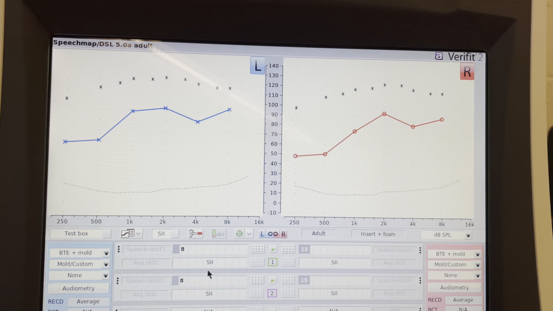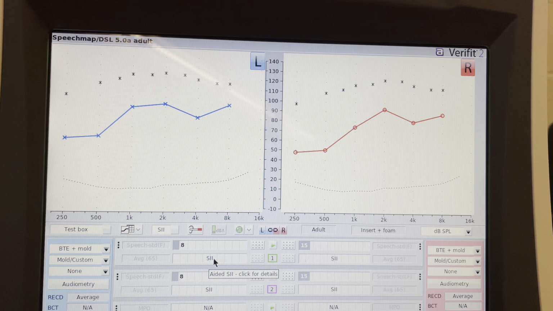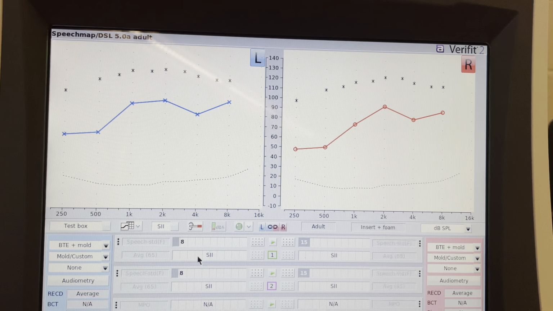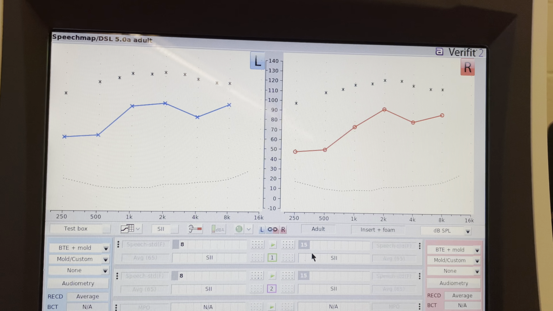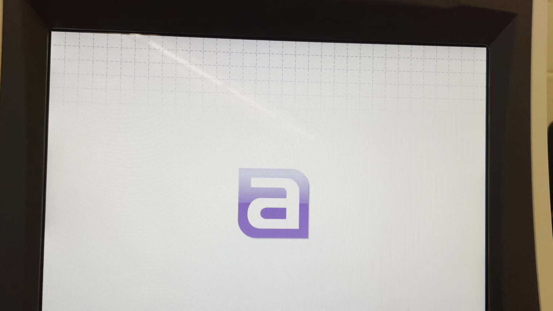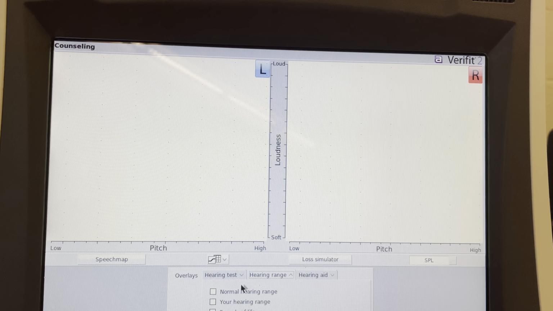Okay, what I really like on this screen is the Speech Intelligibility Index. I think it's a good summary to help us understand the severity of the loss. So she's hearing about 8% of speech sounds in the left ear and 15% of speech sounds in the right ear. I think it'll make more sense when we go over here to this screen.